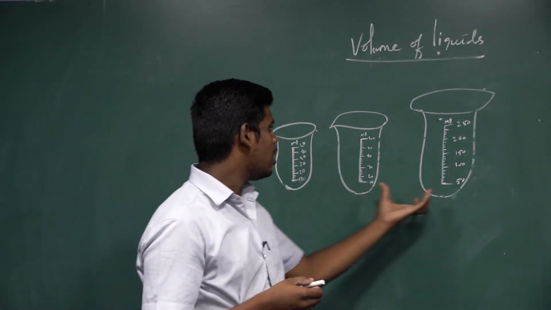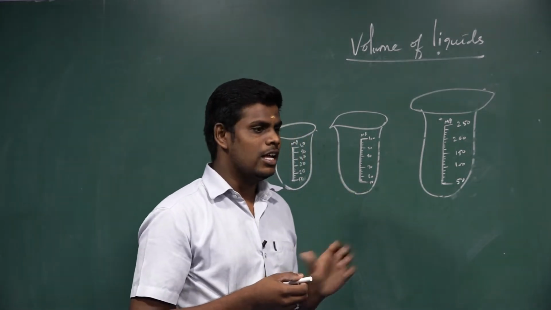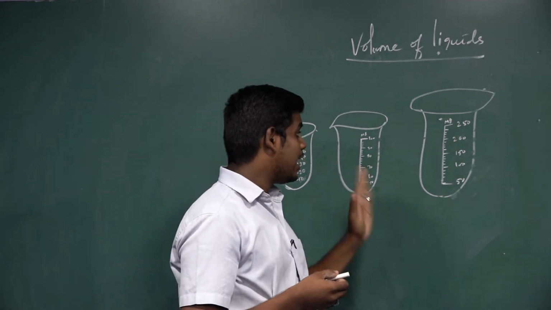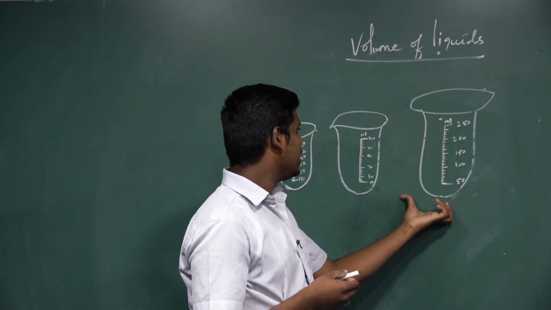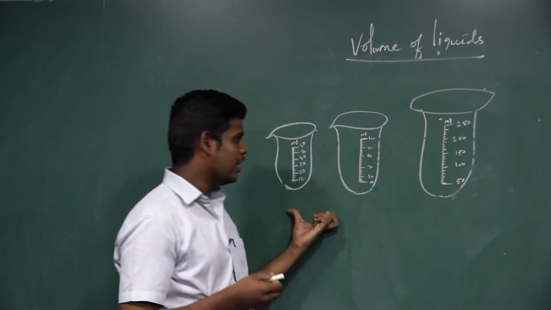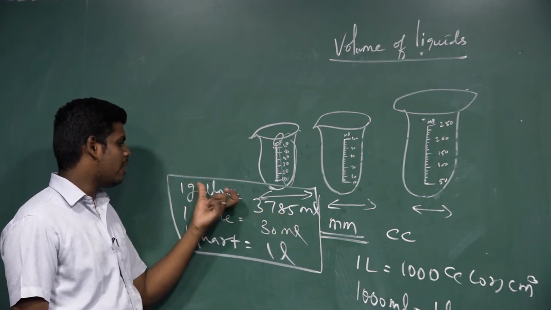But liquids do not have a definite shape. The volume of the liquid cannot be determined using this type of container and marking the readings. To measure the volume, we can use other formulas also.